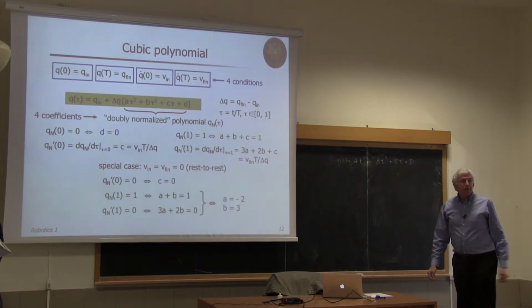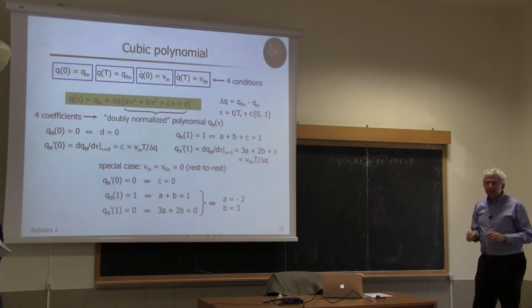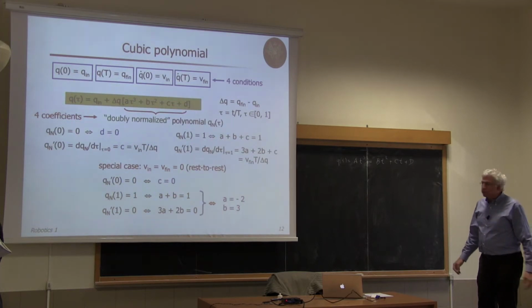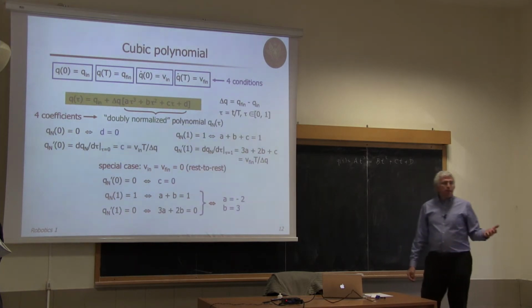I've used this format, which essentially reorganizes the structure so that we put in evidence a doubly normalized polynomial. By this I mean a polynomial which is normalized in time, so we use tau rather than t, with tau going from 0 to 1, while the original time t goes from 0 to capital T, which is the total motion time desired. And then we factor out the variation.